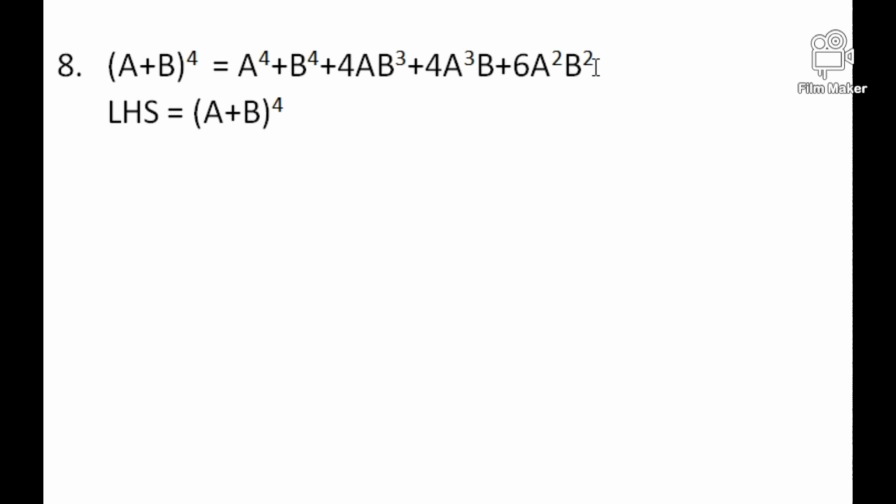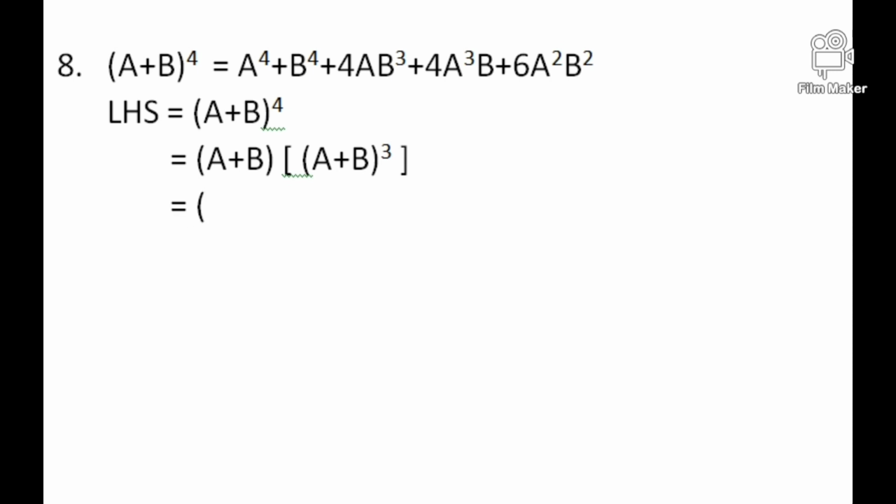That means (a plus b) into (a plus b) to the power 3. It is already proved in the seventh formula.